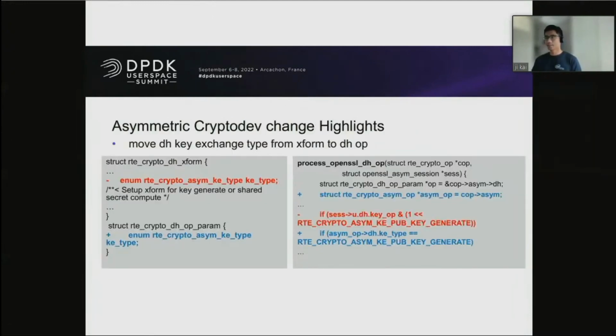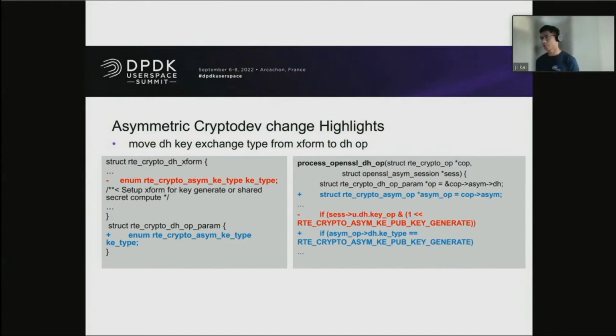The second change, based on the previous change: we moved the DH key exchange operation type from the xform structure to the DH op parameter structure. The DH key op is now dereferenced from the RTE crypto op instead of the asymmetric session pointer. The reason behind this is that a single xform session should be enough to perform both DH operations.